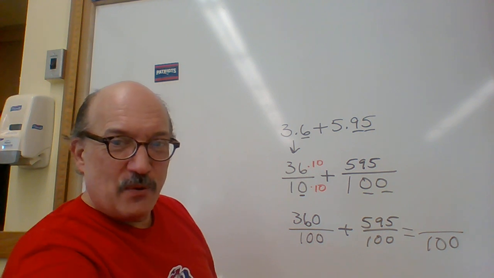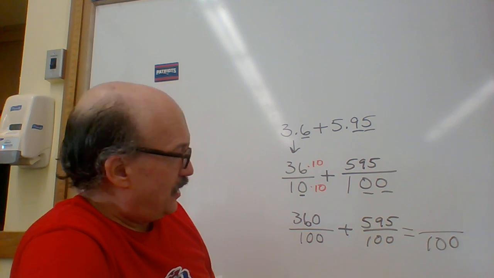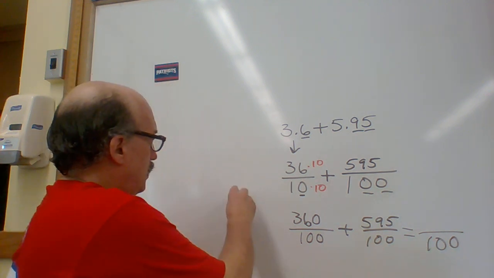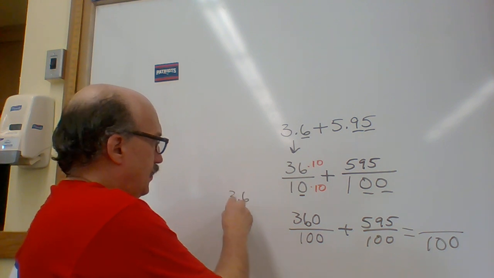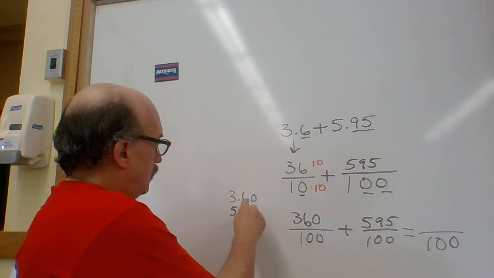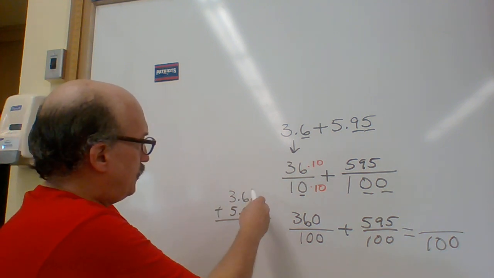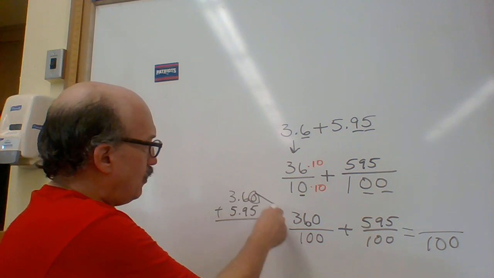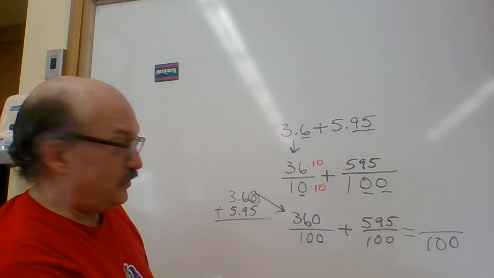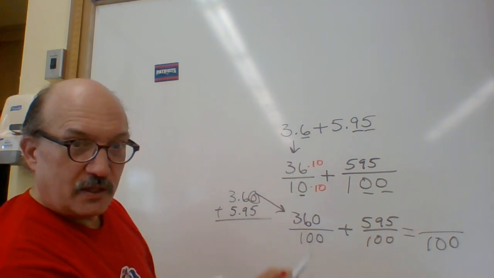Okay? Now, I erased it, but I already essentially added 360 plus 595 when I did it in the decimal form. When I wrote this, and then I asked, well, what digit is here? 0. Okay? The decimal points were lined up. And notice I can tack that 0 on because of equivalent fractions. 360 over 100 is the same as 36 over 10.